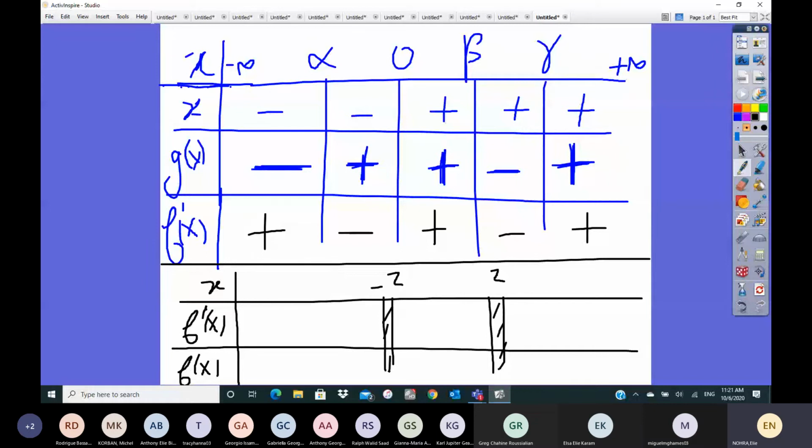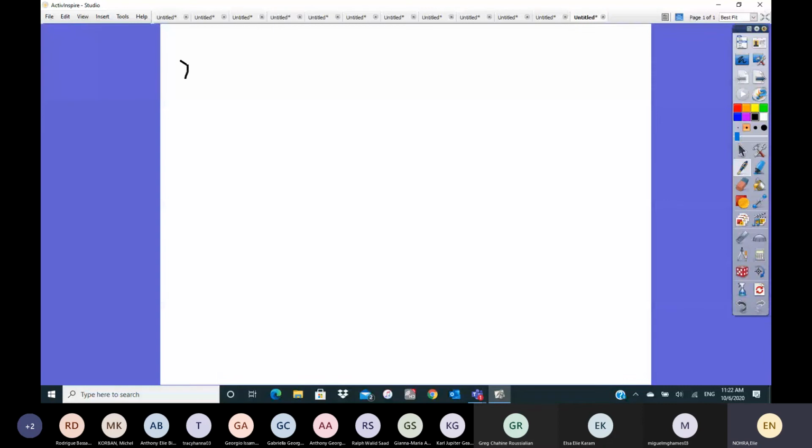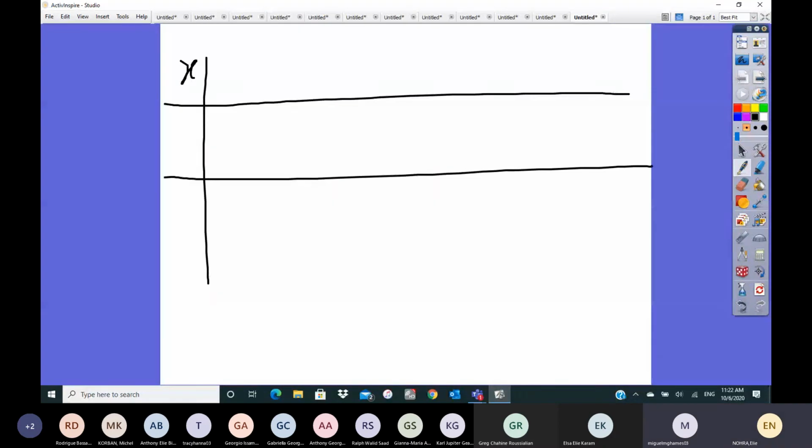It's going to be a little bit hectic. Alpha is over here, the 0 and the beta are over here. You know what? Let me do it on a new page because it's big. Yes, sir, it's big.